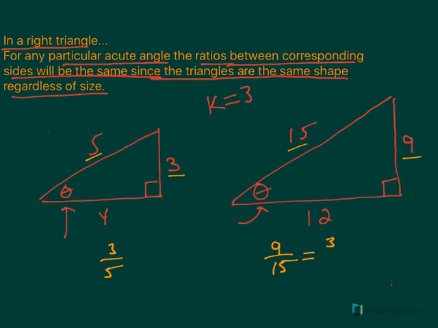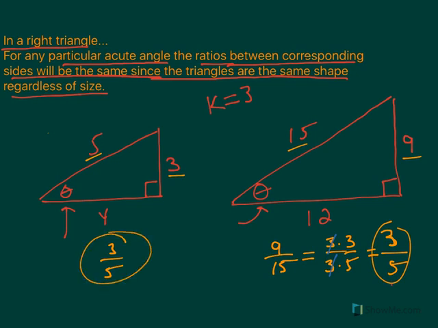So you have 3 times 3 makes the 9, 3 times 5 makes the 15. You have common factors, so you can cancel common factors. So essentially, after you're done simplifying that larger factor of 3 out, you end up with the same ratio. So that is why trigonometry works, because you're essentially dealing with similar triangles.